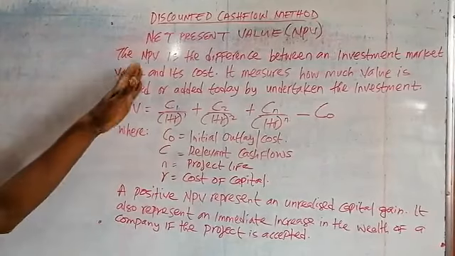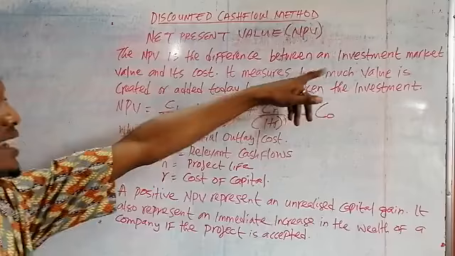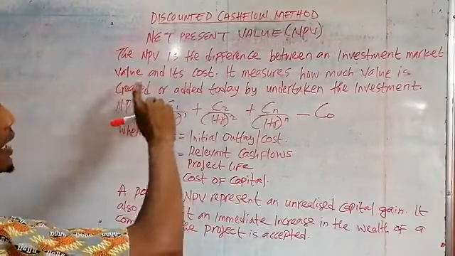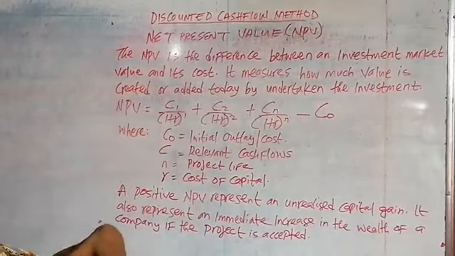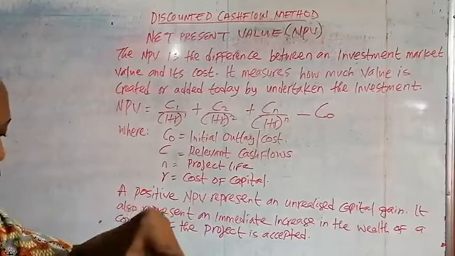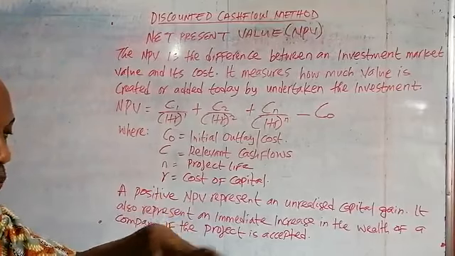So the net present value is the difference between an investment's market value and its cost. Are we together now? It is the difference between an investment's market value and the cost at which you bought the investment.